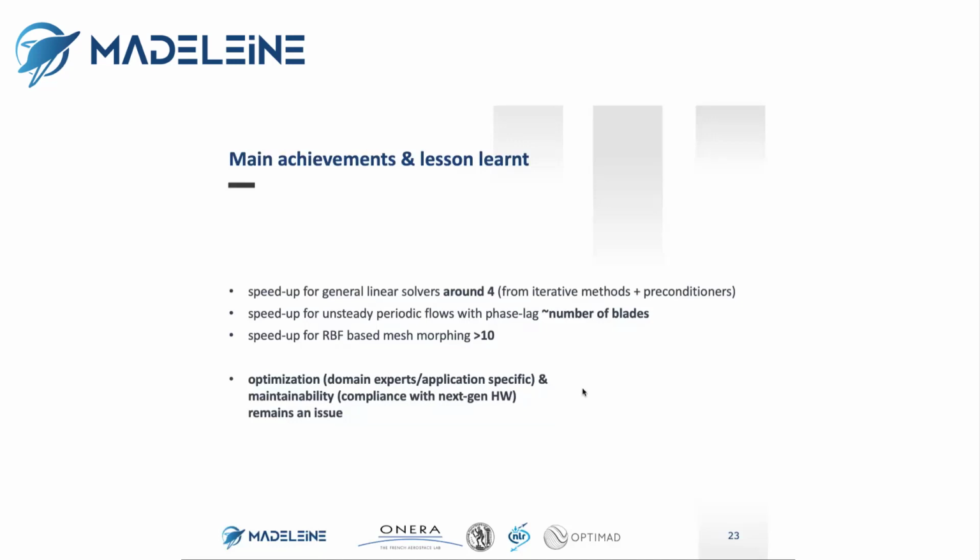And this issue remains a bit of a problem because, for example, if you want to move towards the next generation of architecture, where we have to be compliant with heterogeneous computing, that means CPUs plus GPUs, these kinds of implementations are more demanding.